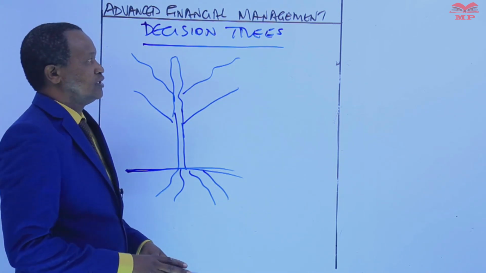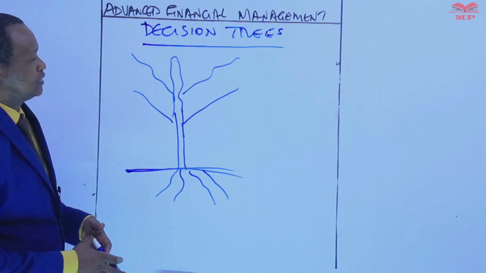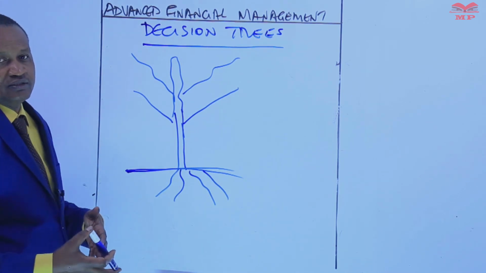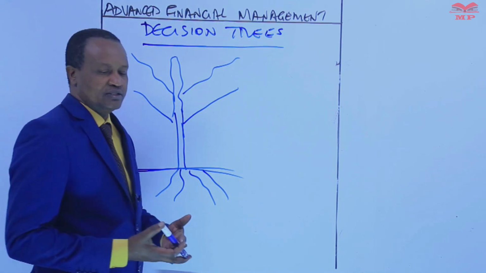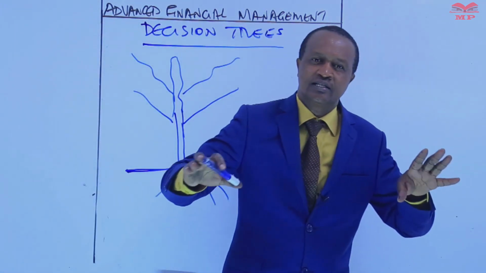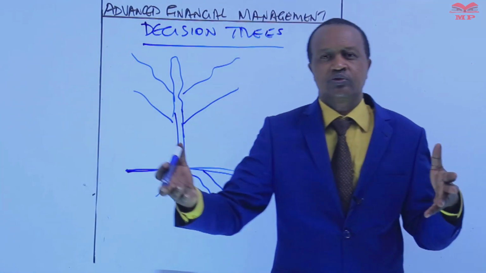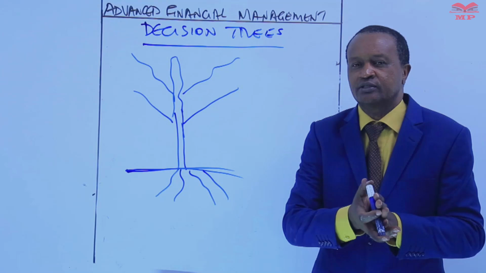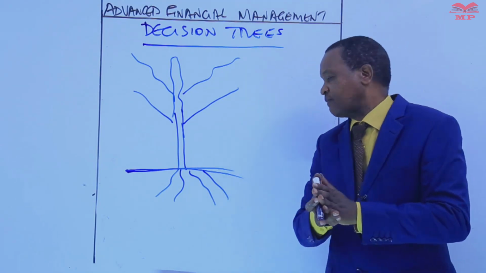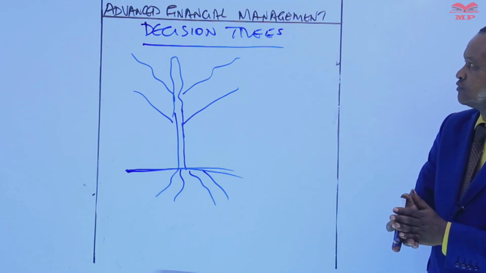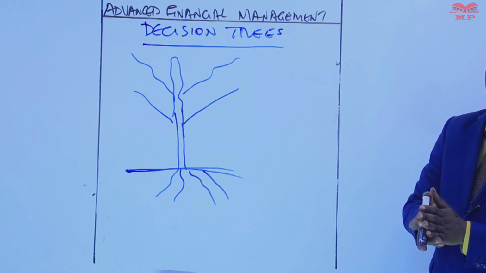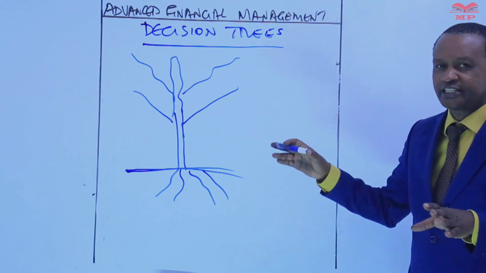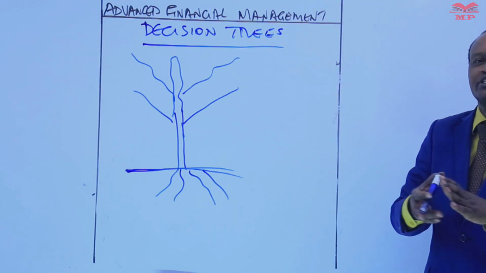So the decision tree that we use in capital budgeting is structured like a tree. It has branches, which represent different possible paths or conditions. You understand? The decision tree has various components.